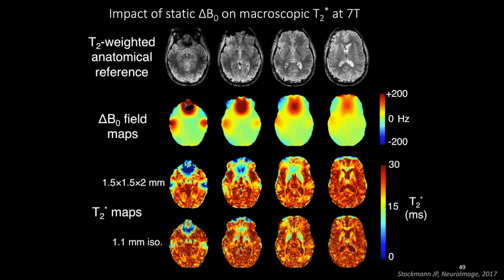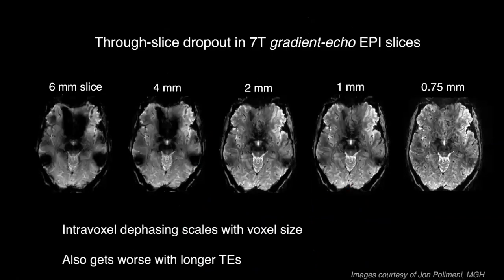So this is work from Jason Stockman, who clearly shows you have these large delta B0s near the sinuses. And depending on what kind of resolution you're using, if you want to do some T2 star imaging, you clearly get this loss of signal here that can be improved with a higher resolution and smaller slices, but it's just something to be aware of, this delta B0 problem that occurs at 7T.